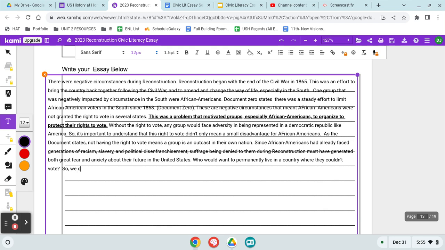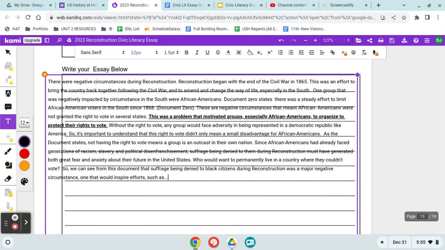So we can see from this document that, let me change this around, suffrage being denied to Black citizens during Reconstruction was a major negative circumstance, one that would inspire efforts such as, see what I'm doing here?